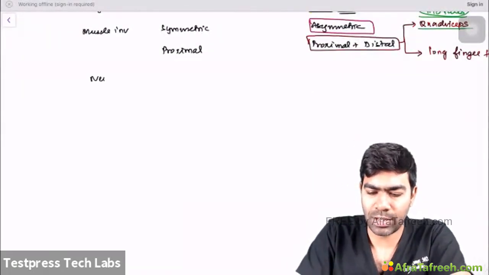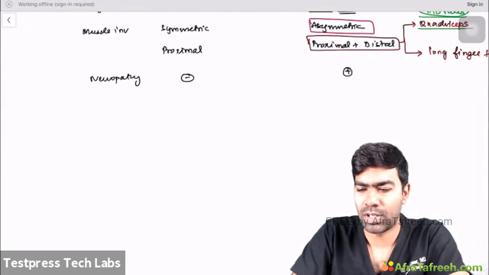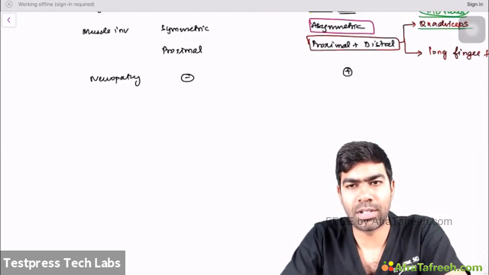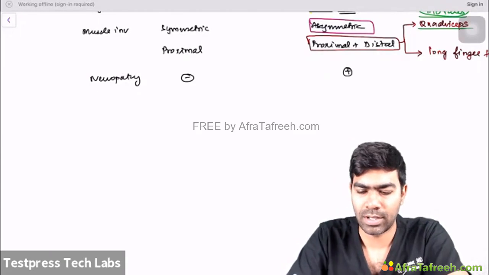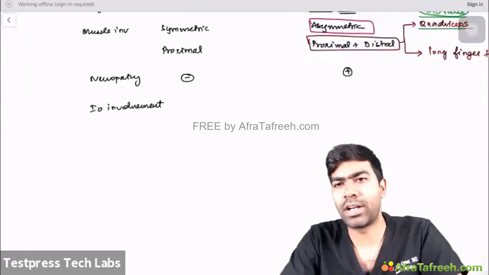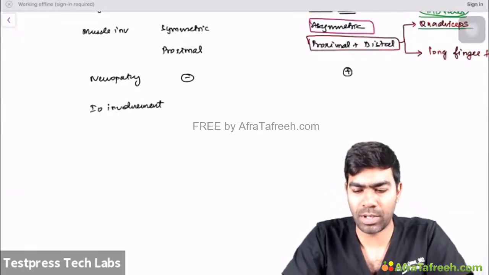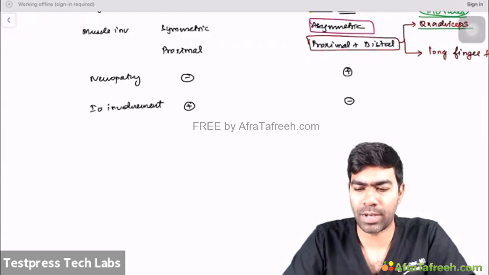As far as neuropathy is concerned, neuropathy is not usually a feature of polymyositis and dermatomyositis, but is commonly seen in sporadic inclusion body myositis. As far as internal organ involvement, for example cardiac and pulmonary involvement, is concerned, it is quite common with polymyositis and dermatomyositis, whereas it is uncommon with sporadic inclusion body myositis.